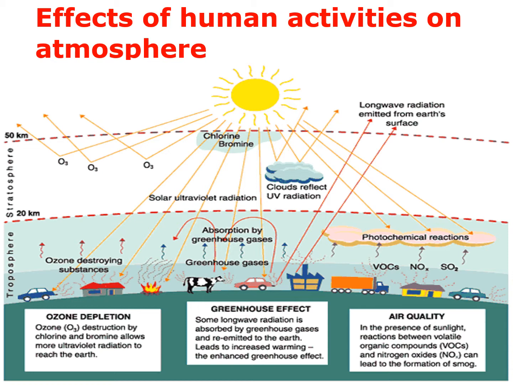Greenhouse effect: some long-wave radiation is absorbed by greenhouse gases and re-emitted to the earth, leads to increased warming. The enhanced greenhouse effect. Air quality: in the presence of sunlight, reactions between volatile organic compounds and nitrogen oxides can lead to the formation of smog.